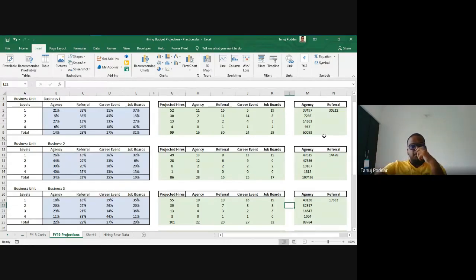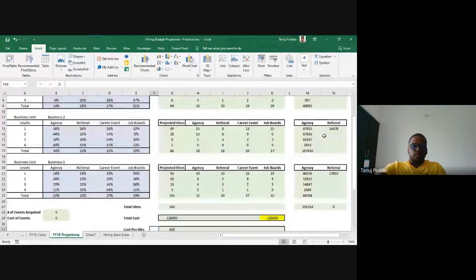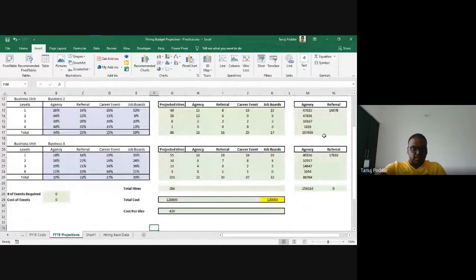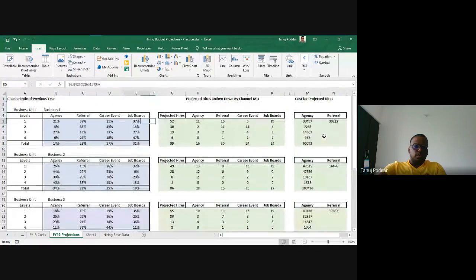Typically how we do it is we first calculate this: given that you're going to go by the trend that you had last year, this is what the cost is going to look like, and then we try to tweak it. So we try and find out areas where agency use is high.